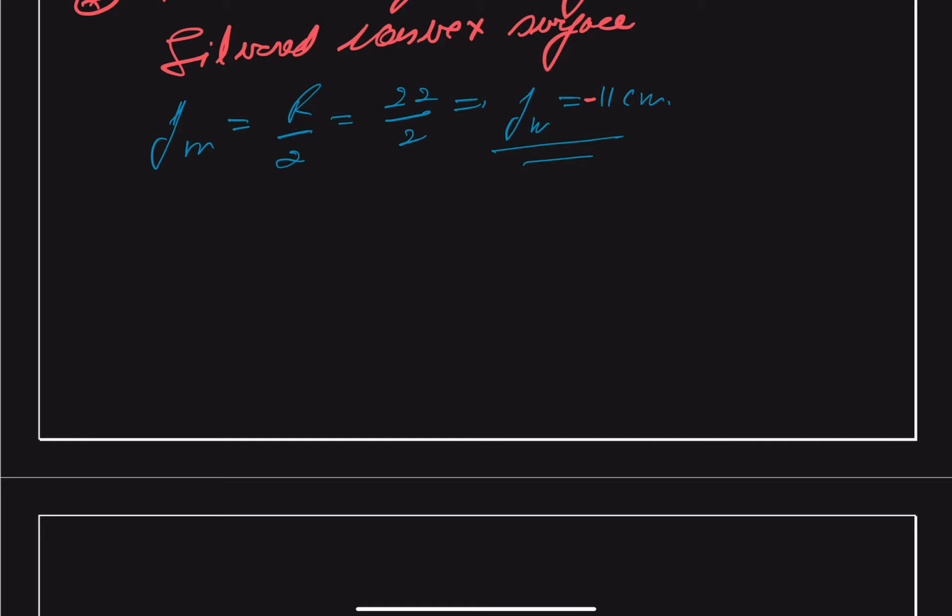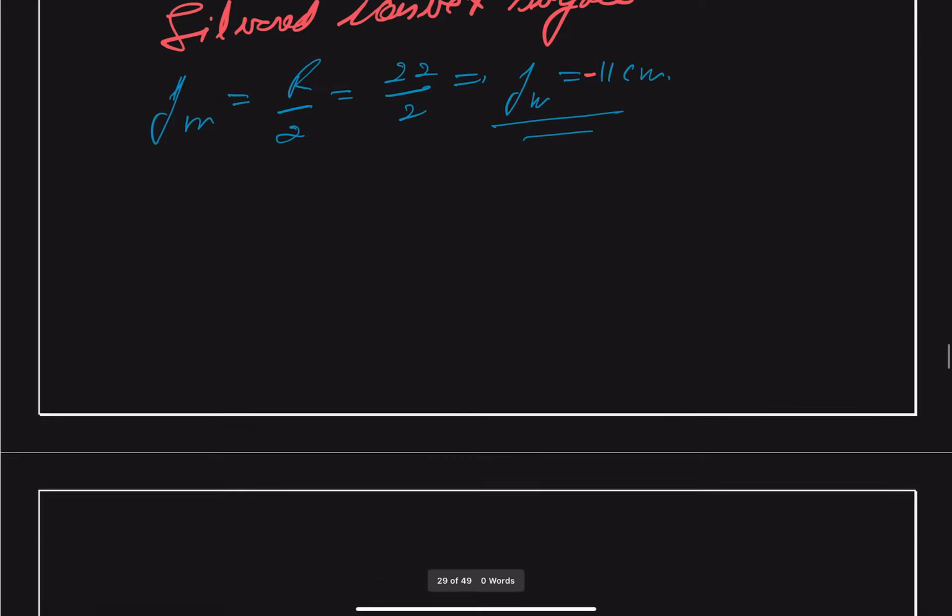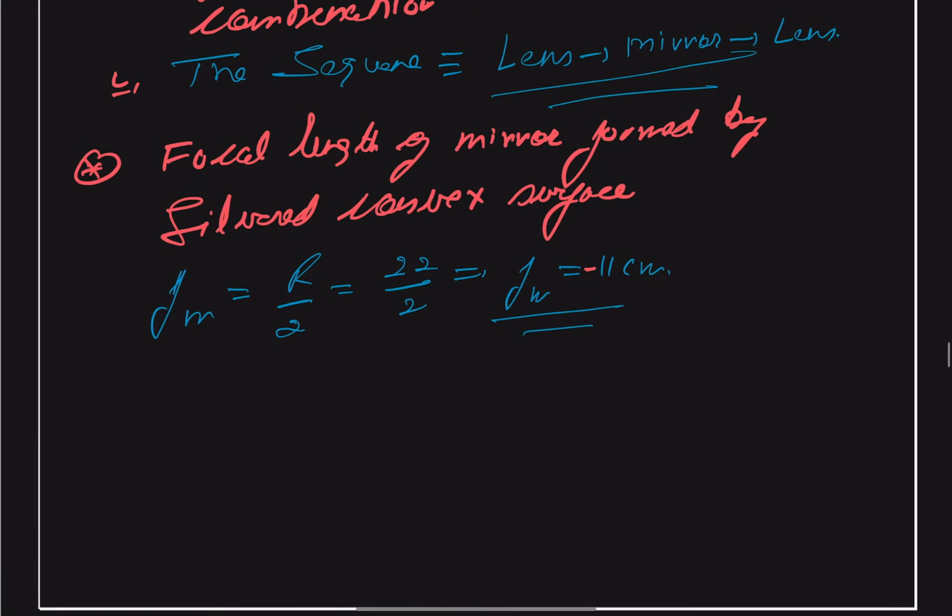Now we are going to find out the effective focal length of the entire process. Process means lens, mirror and lens.